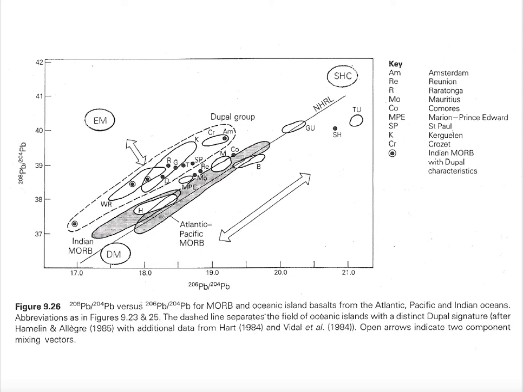This grayish field, that is the Atlantic Pacific MORB, and this grayish field, that is the Indian MORB, and they are lying here on this array, and then the array, that is the NHRL, and we have discussed before what the NHRL is.